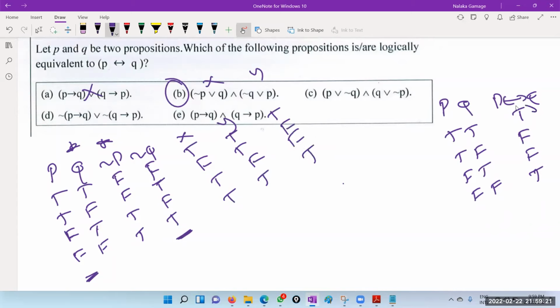You can see the exact truth table: true, false, false, true. You have to write it the exact same way: true, true, true, false, false, true, false, false. Here also I use the same, so likewise you will get this exact same truth table for C also.